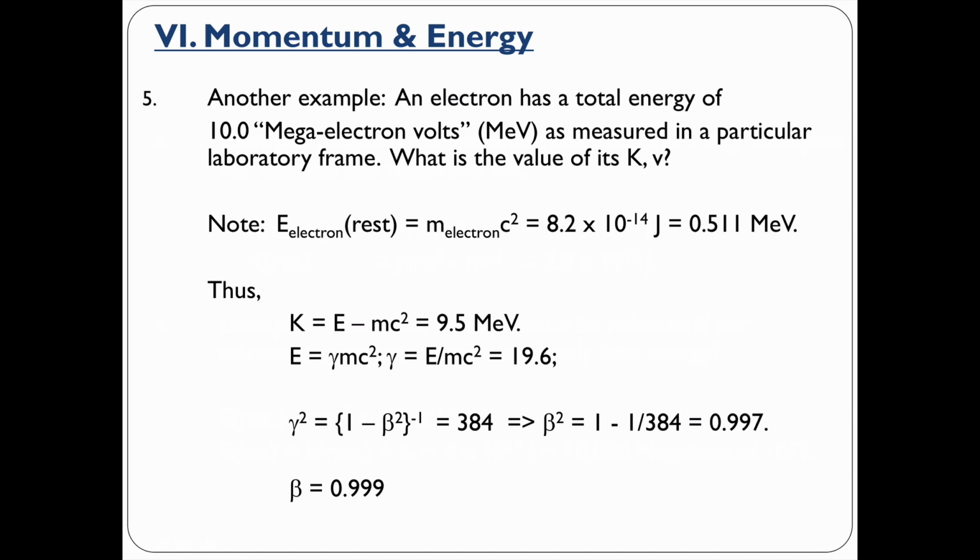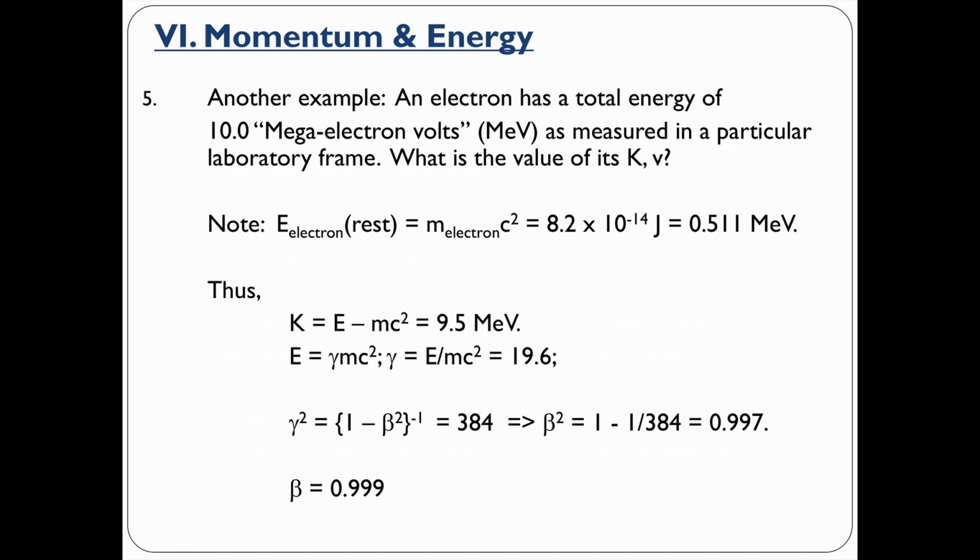An electron has a total energy of 10 mega electron volts, MeV, as measured in a particular laboratory frame. What is the value of its kinetic energy and its speed? You'll often see this. We often talk about high energy particles, and we often measure them in terms of mega electron volts.